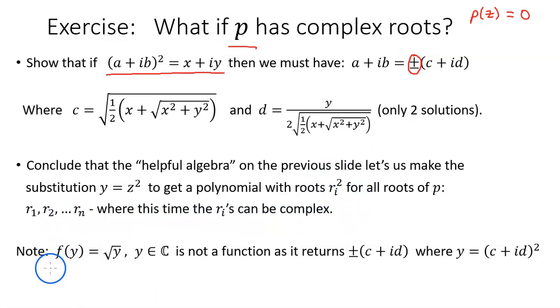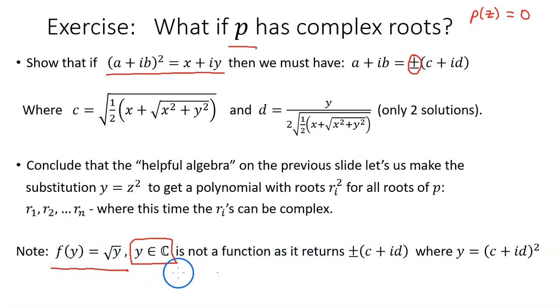And I got a little note down here, just that f of y equals square root of y for the complex numbers, or where the domain is the complex numbers rather. In this context, with the complex number domain, it doesn't mean the same kind of thing as it does for the real numbers greater than or equal to 0 as its domain.